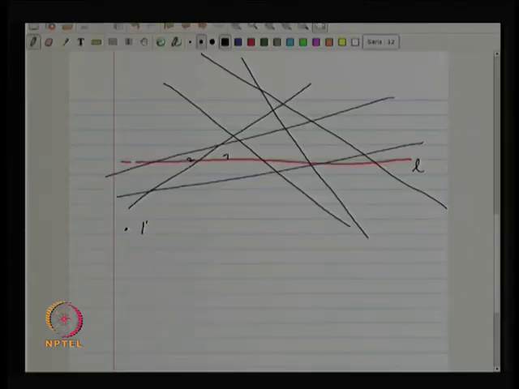So, this is face 1, 2, 3, and so on. So, the number of faces in the zone of L is at most n plus 1.